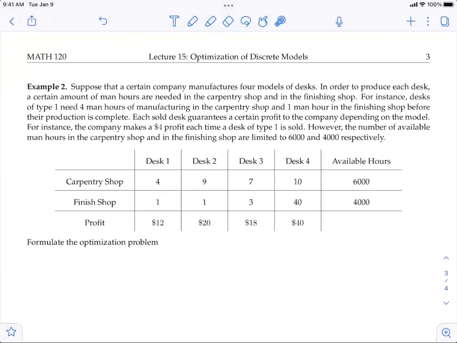So each sold desk guarantees a certain profit to the company depending on the model. For instance, the company makes $4 profit each time a desk of type 1 is sold. However, the number of available man hours in the carpentry shop and in the finishing shop are limited to 6,000 and 4,000 respectively.